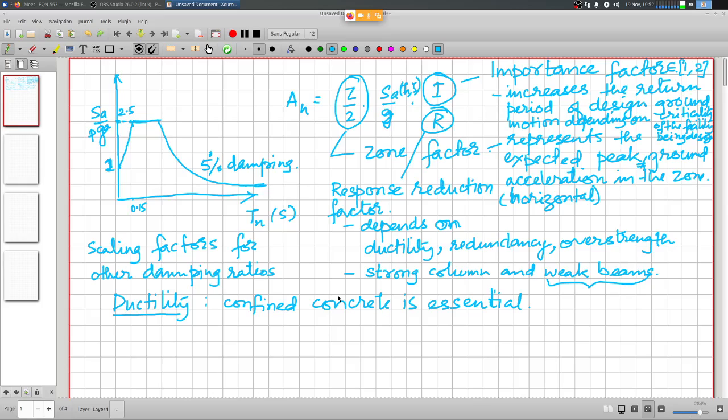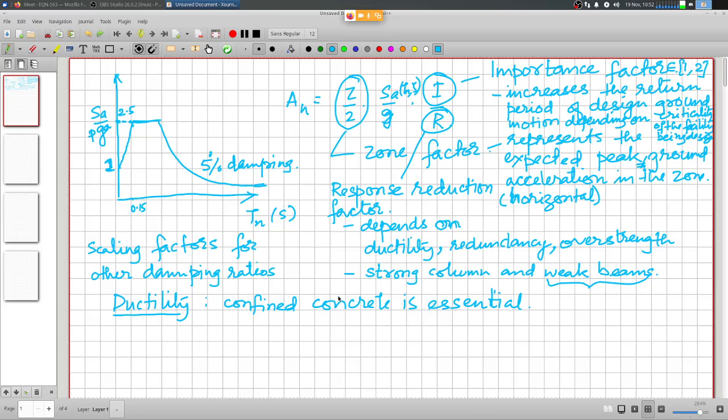And as you all know, shear failure is brittle, and that has to be avoided at all costs. So confinement of concrete helps you in eliminating the possibility of shear failure. So that is another ghost that can be buried by properly confining the concrete.